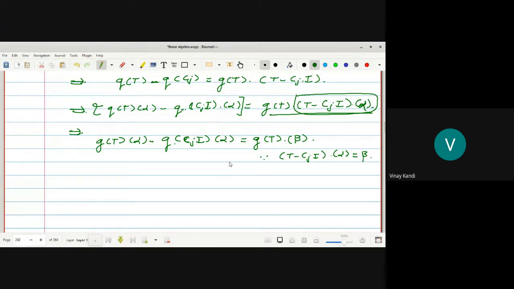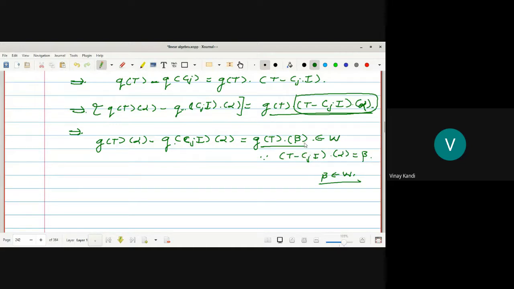Beta belongs to what? No, sir. कुठे होता तुमचा W? W is invariant under T. Okay, then W is invariant under any g of T. Then this g of T of beta always also belongs to W. Is it correct?